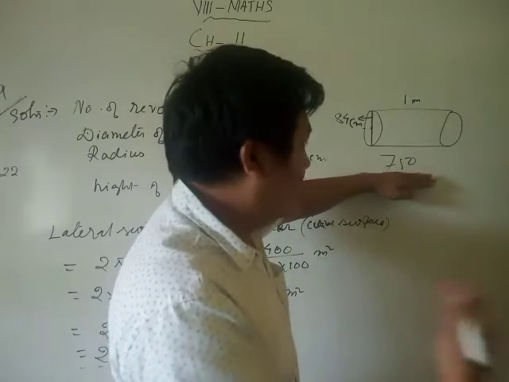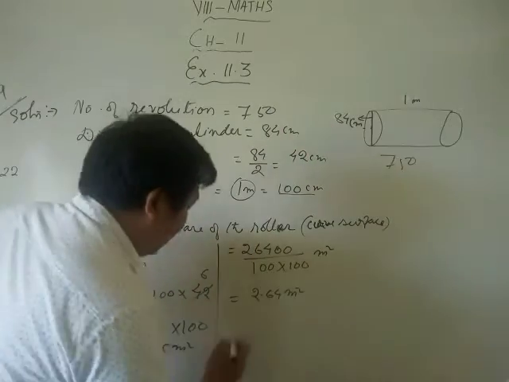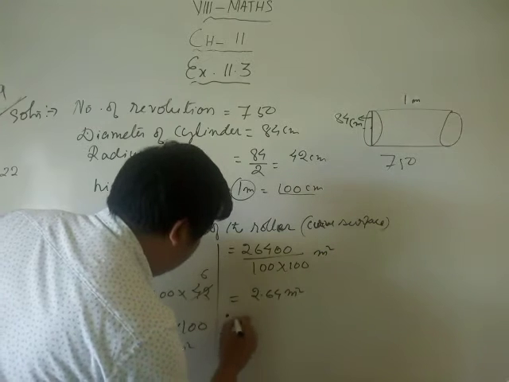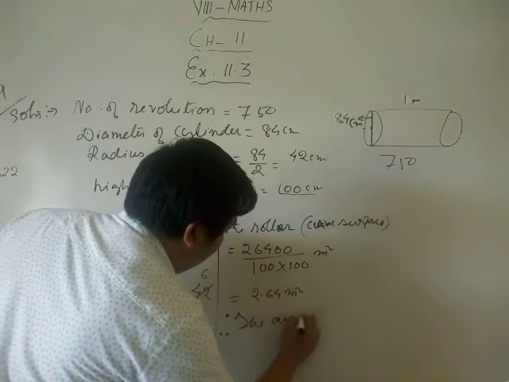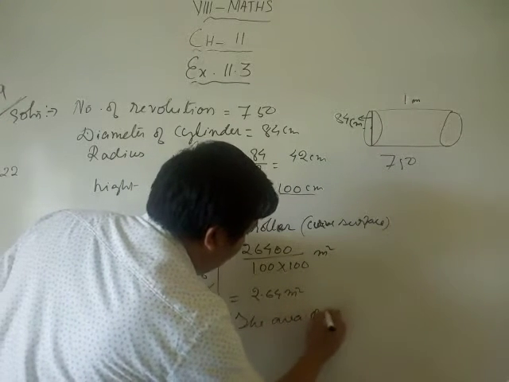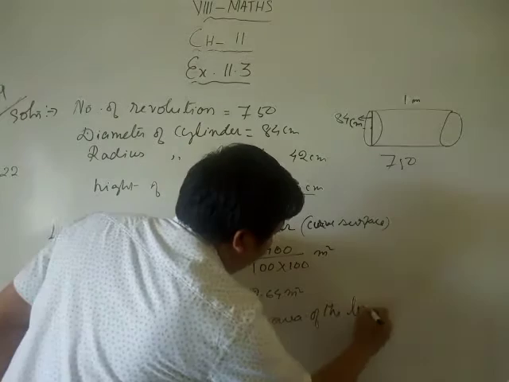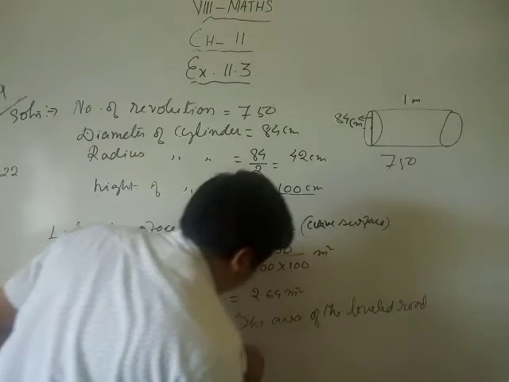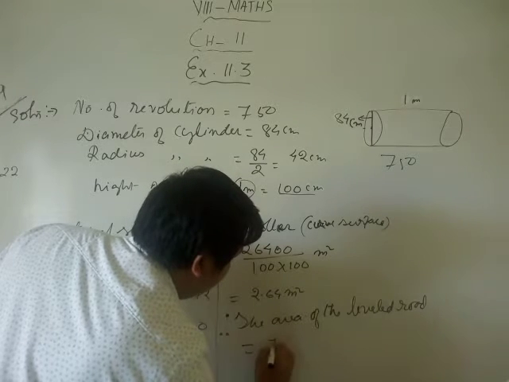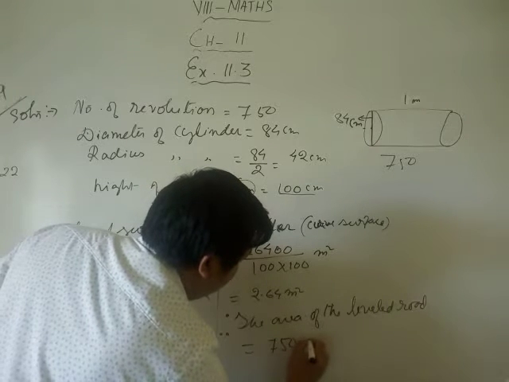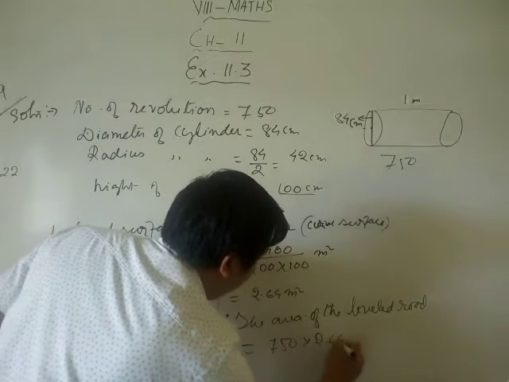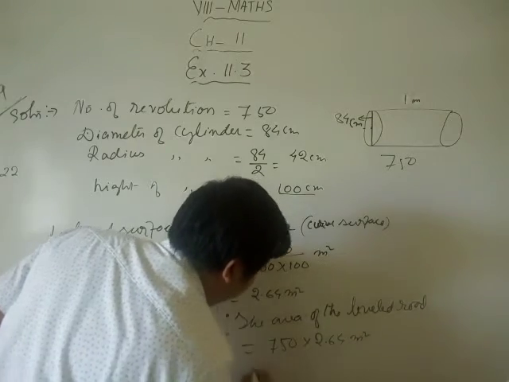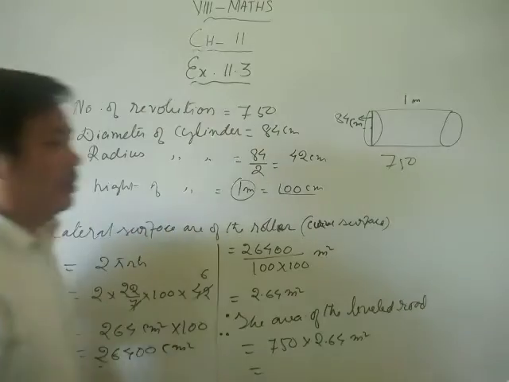Revolution, rolling, again 750 times. So multiply this. Therefore, the area of the leveled road is equal to 750 into 2.64 meter square. Find out this answer.